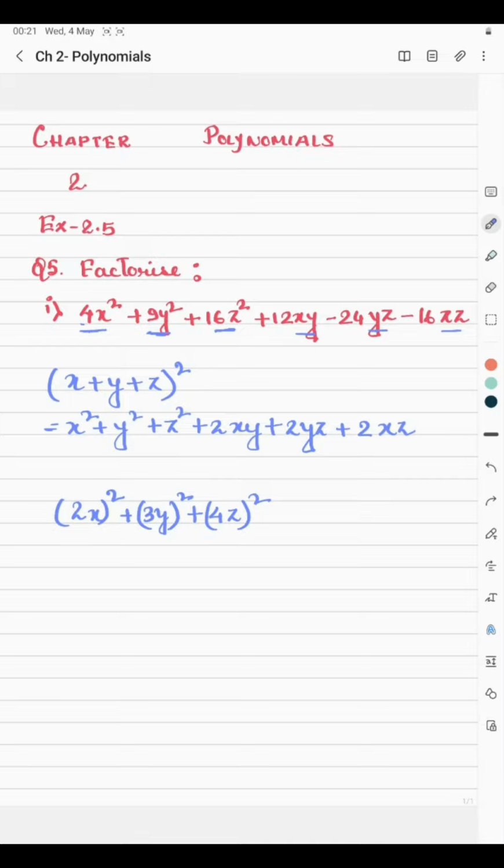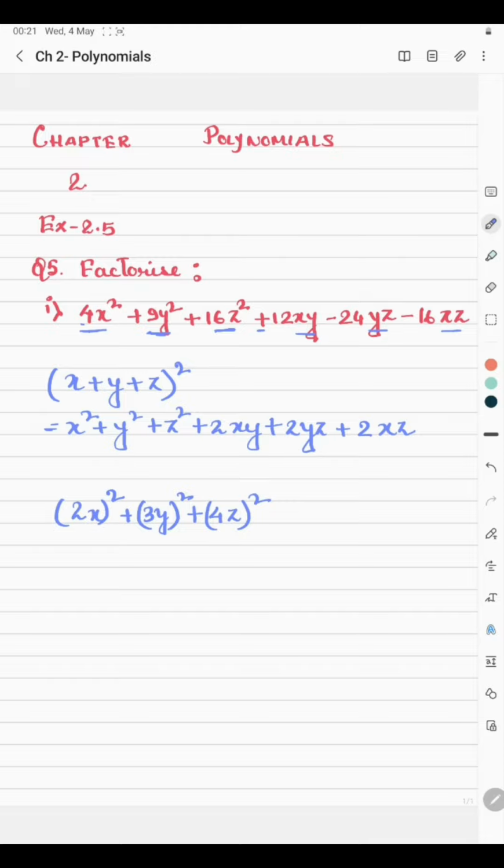Now after this we have the xy term, then the yz term and the zx term. We have to notice which sign is given with each. With xy, a plus sign is given. With the yz term, a minus sign is given, and with the xz term also a minus sign is given.